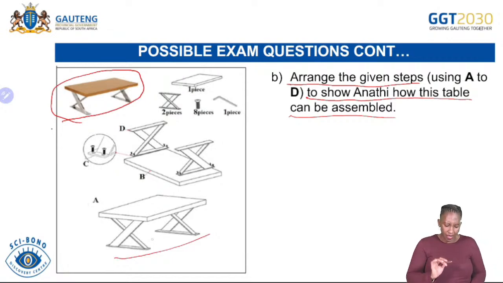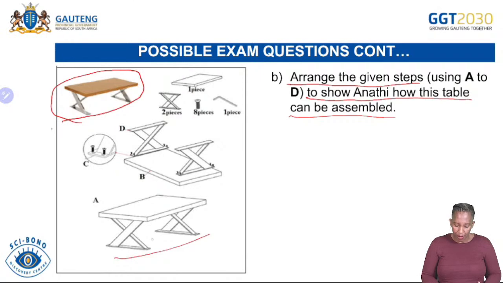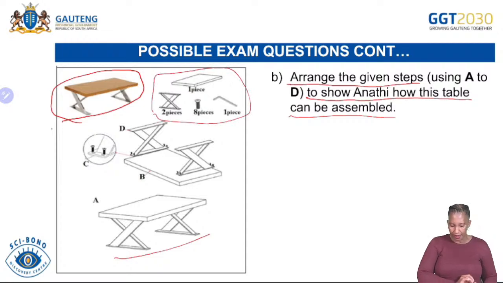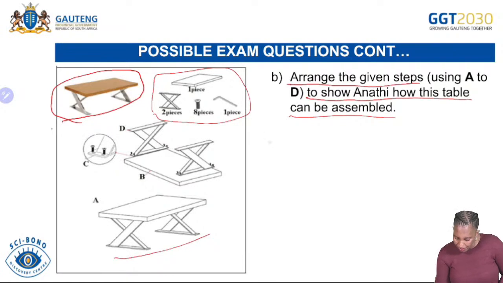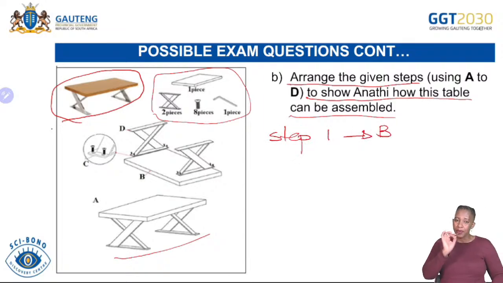But where do we start now? We said we start by placing together everything here. We must make sure that all is available. And then you start by doing what? By number B. My step 1 will be B. Why B, boys and girls? Remember the piece of the table, it's single.